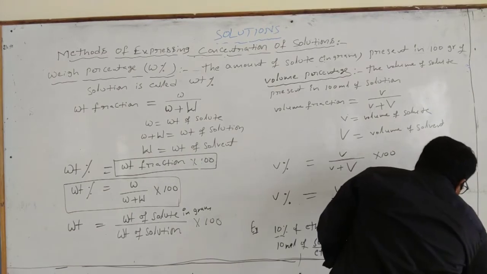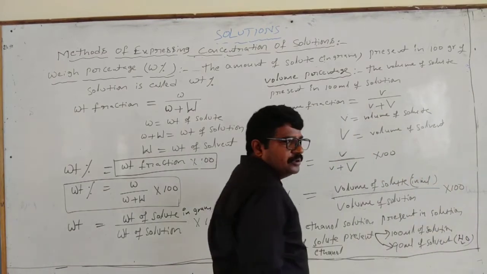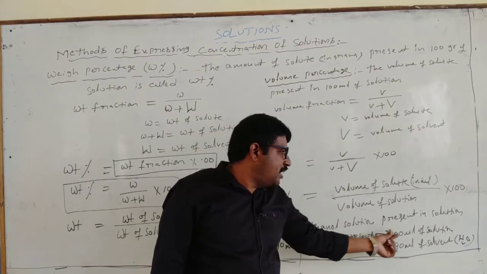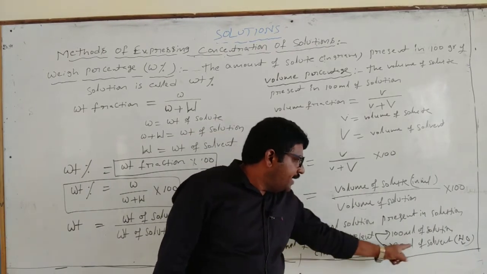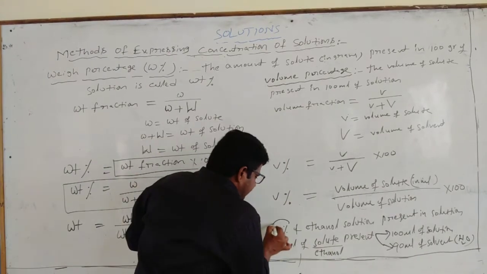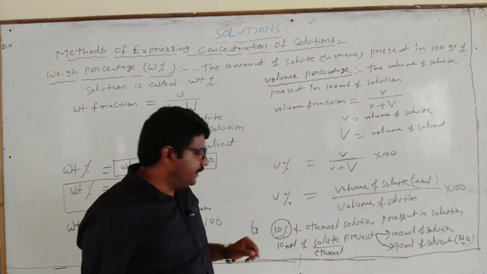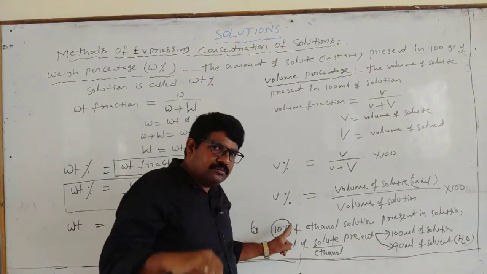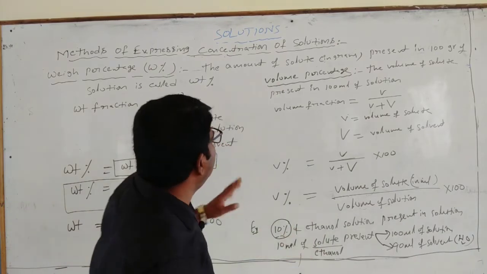Solvent here is water. So 10 ml of ethanol is present in 100 ml of solution, or 90 ml of water, and that indicates 10%. Here 10 indicates solute, percentage indicates solution. So that is volume percentage and weight percentage.